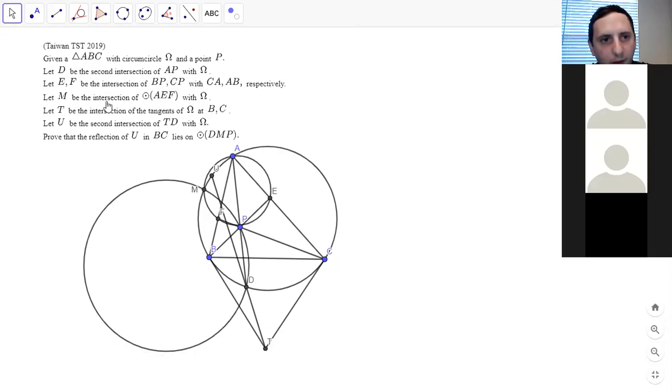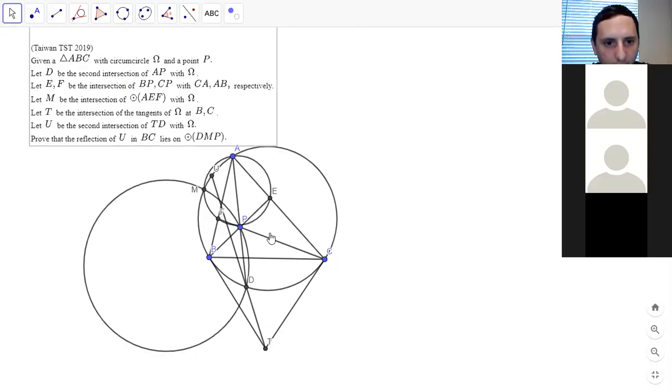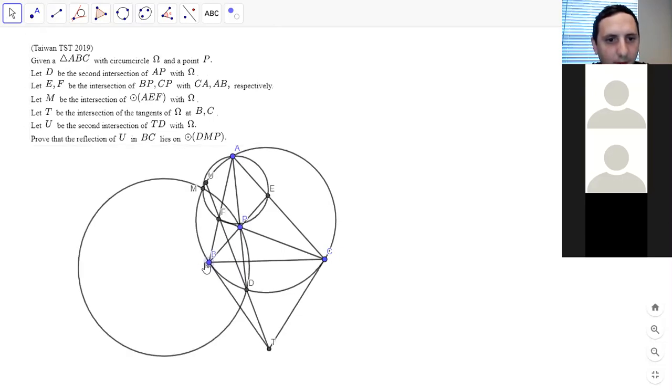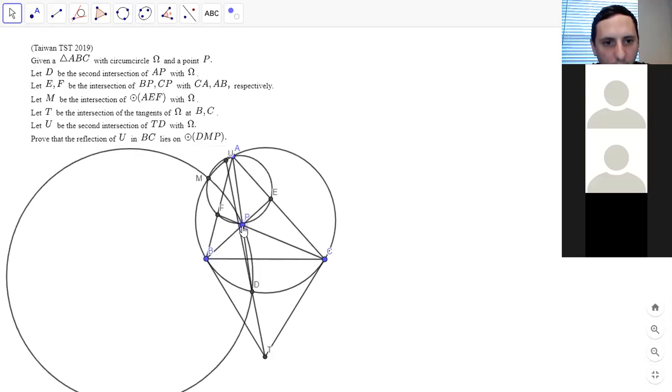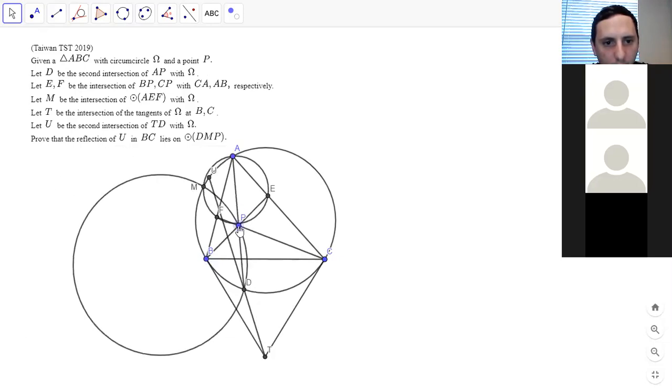This problem feels like a lot of theory. It feels like if you know enough about Symmedians and stuff, then this problem would be easy, but I'm not sure. So yeah, UBDC is harmonic.